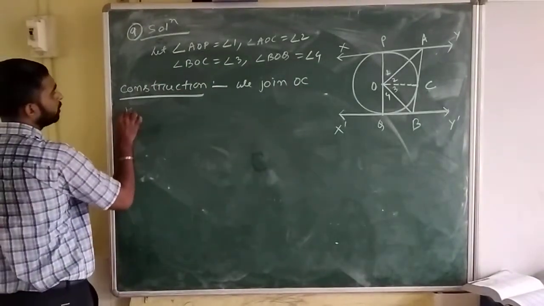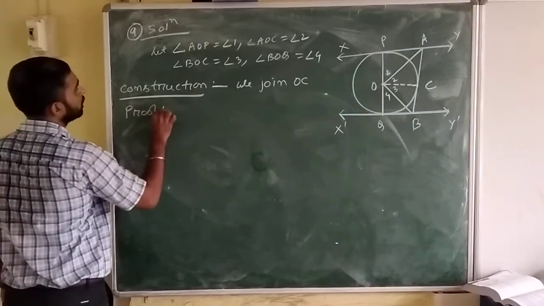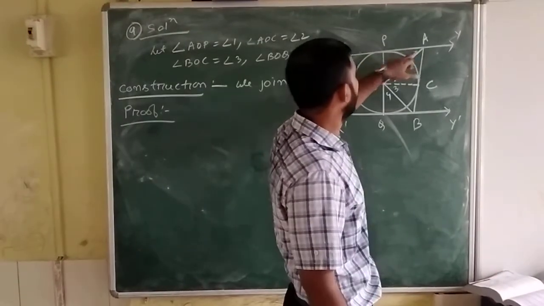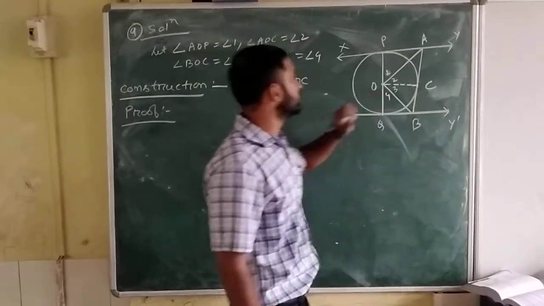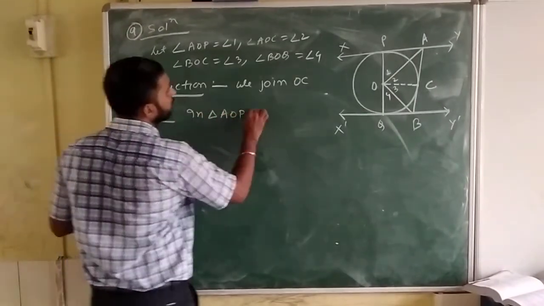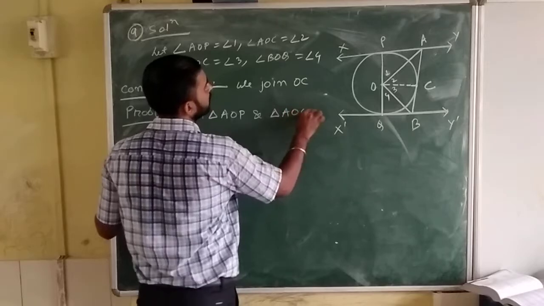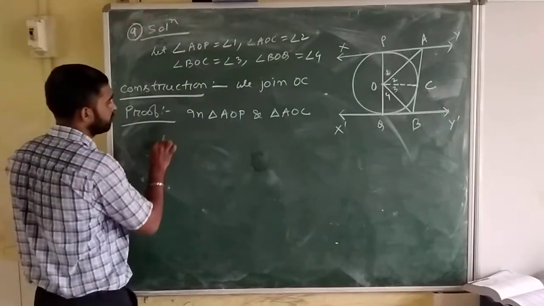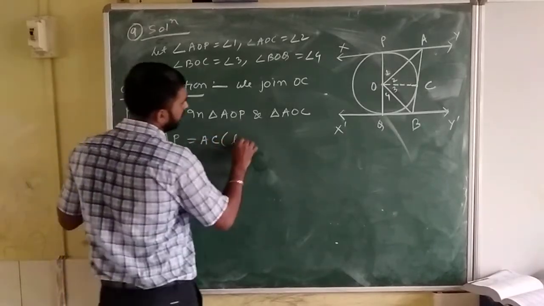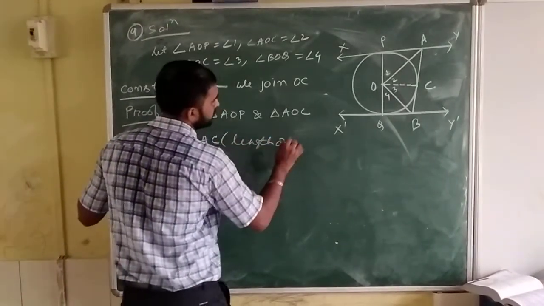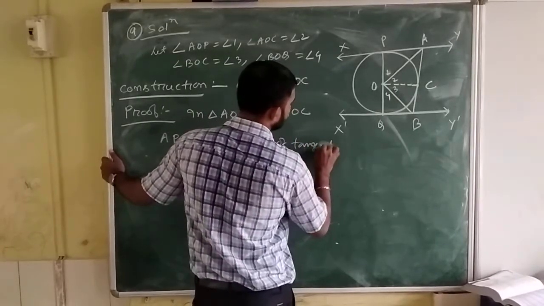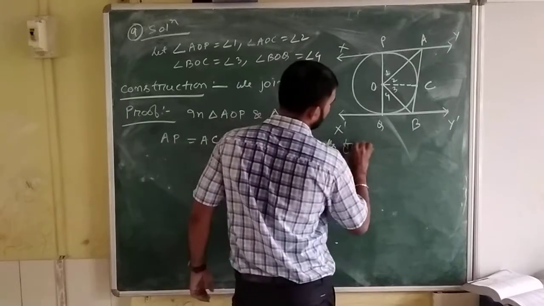Now the proof. In triangle AOP and triangle AOC: AP equals AC, lengths of tangents from an external point.